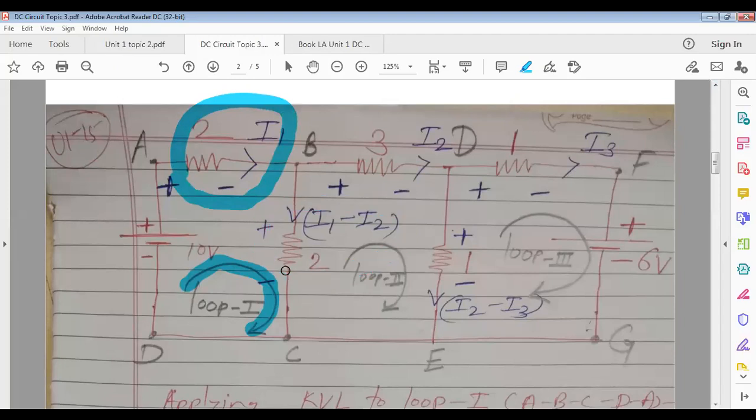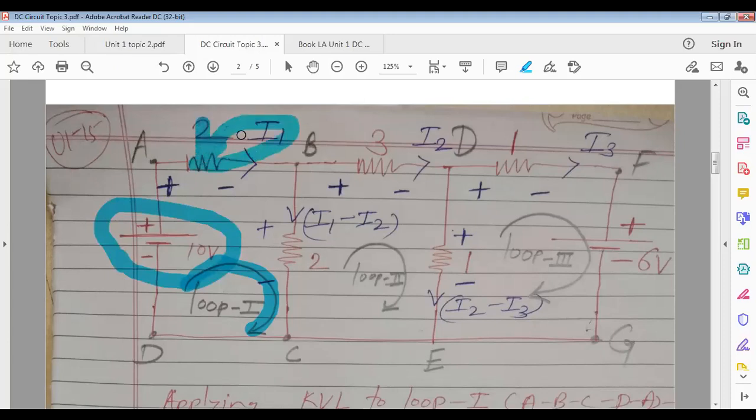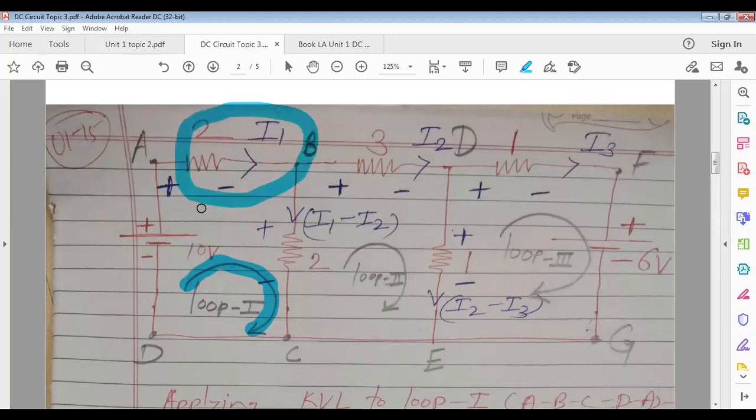Okay. So in the first loop, how many voltage sources are there? Only one, 10 volt. And how many voltage drops are there? 2, that is 2 times I1 and 2 times (I1 minus I2). So the algebraic sum of these voltage sources and voltage drops is 0. Lower to higher is positive. So 2 times I1 will be positive or negative? Negative. Minus 2 times I1.